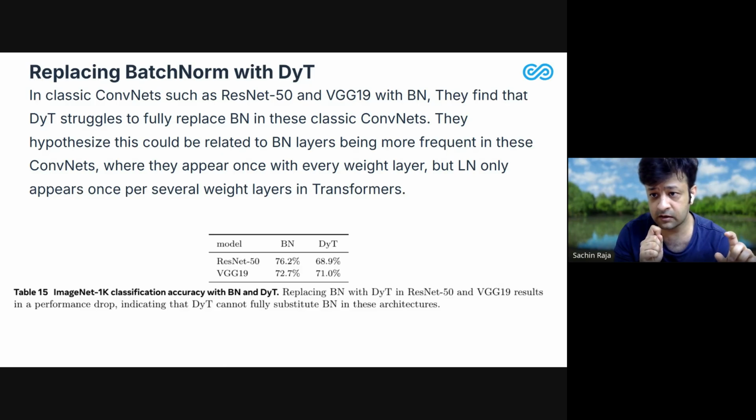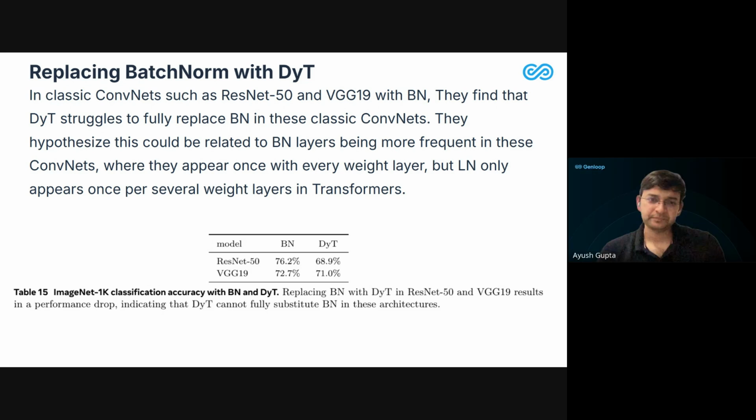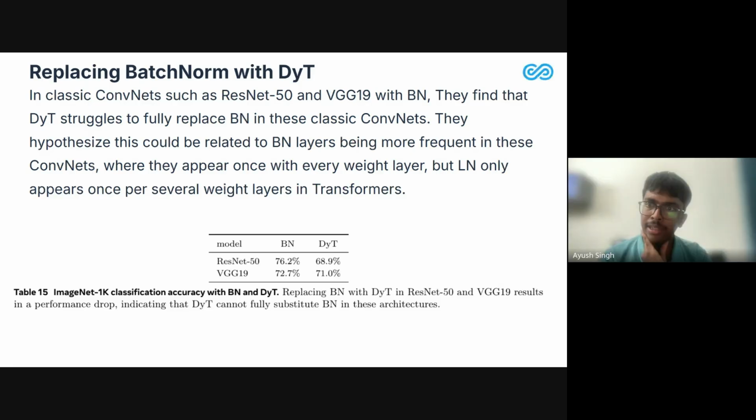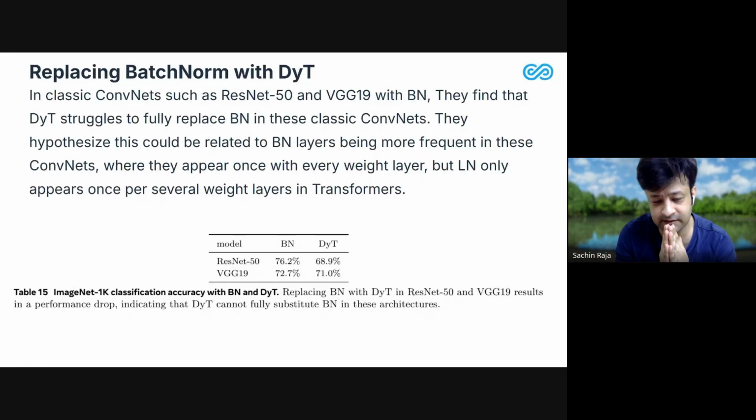So I think batch normalization statistics, in the case of such high variances, become important and cannot be approximated by a dynamic tanh function. Maybe that is one hypothesis, maybe it's too harsh on the image data set because it's more diverse, as you said. Yes, that's exactly what my intuition is as well.